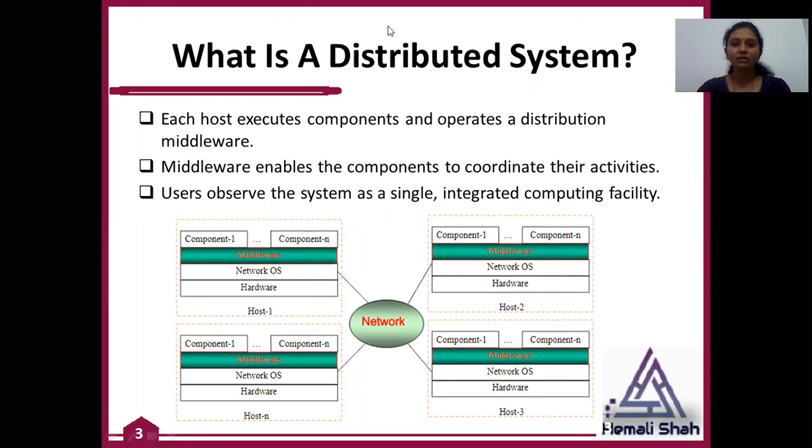The responsibility of this middleware software is to provide the distributed computing mechanism. This middleware software communicates with the other computers and delivers the actual task, and it uses the network operating system to communicate with the other computers.